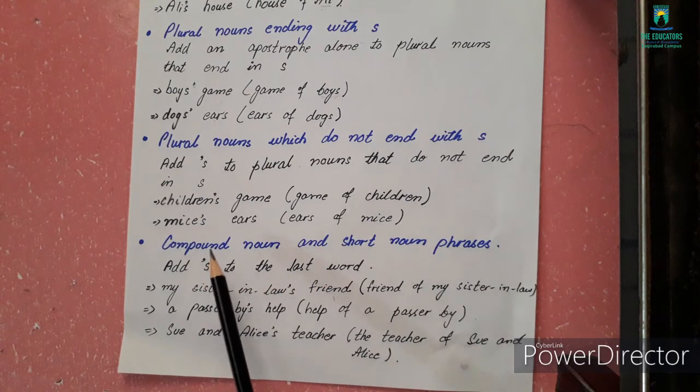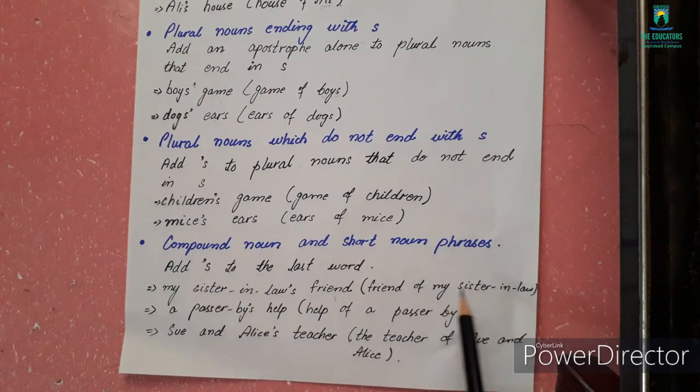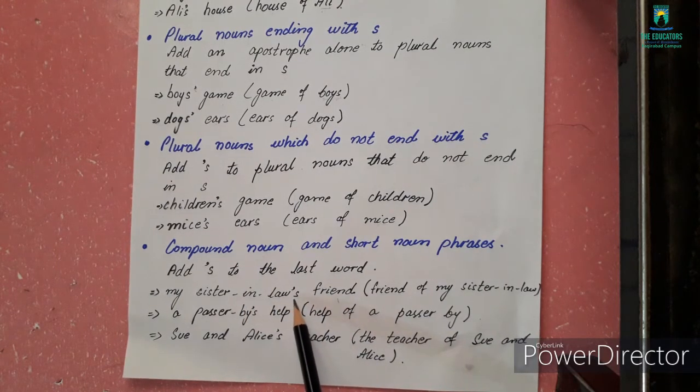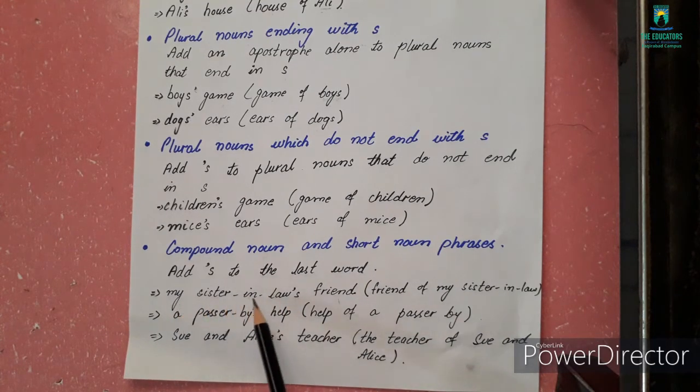Like friend of my sister-in-law. Sister-in-law is a compound noun, so: my sister-in-law's friend. Here I have added apostrophe s with the last word.